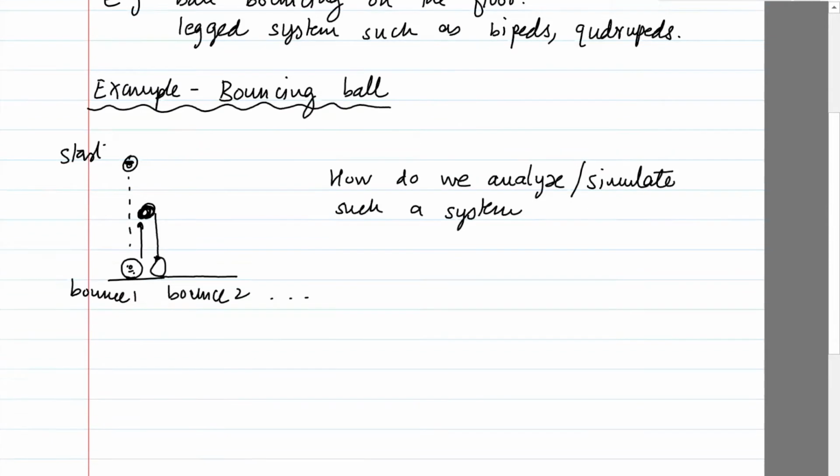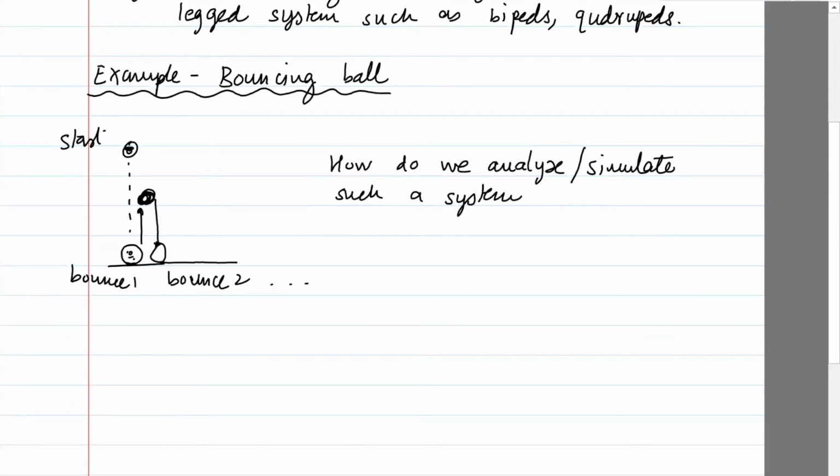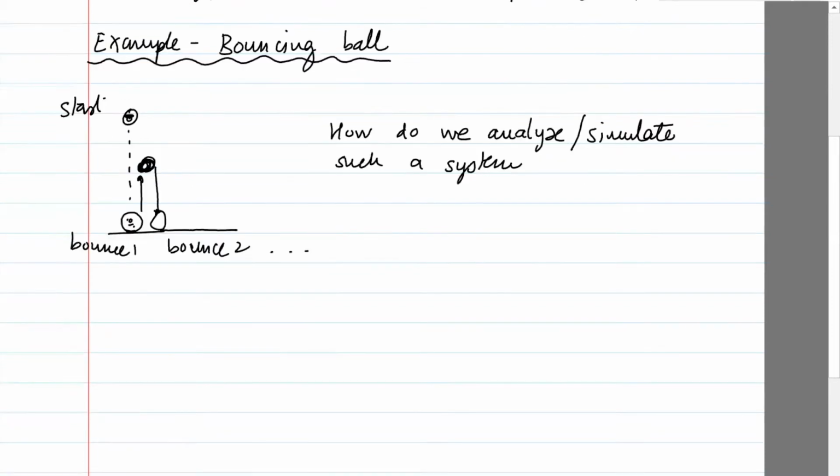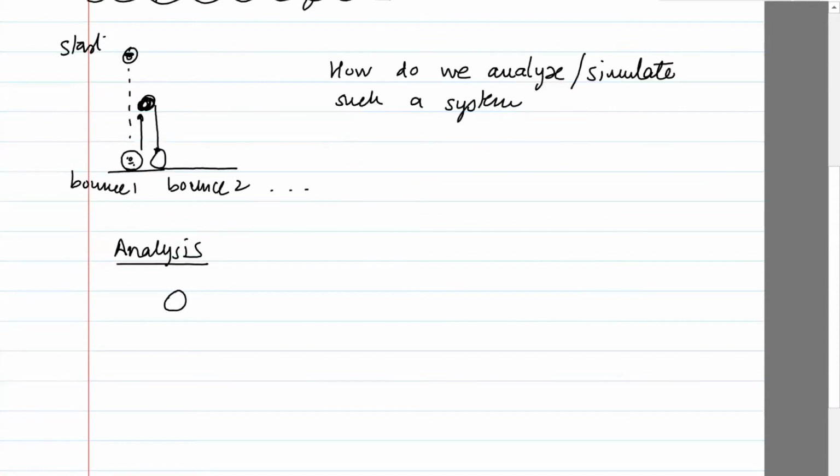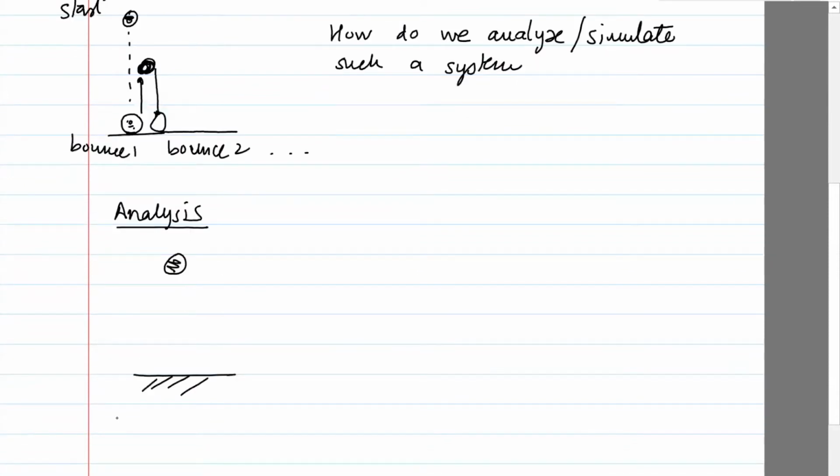Okay, so the first thing I like to do is to think of the different phases or the different modes in which the system exists. So there's a mode where the system is in the air. So this is free fall. At some point of time, the ball is going to be right here, but it's moving downwards.